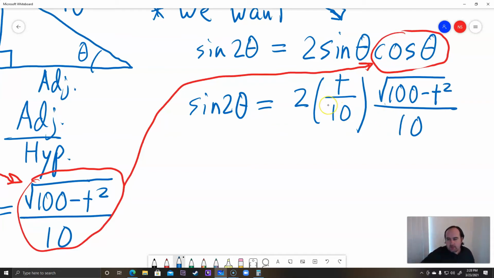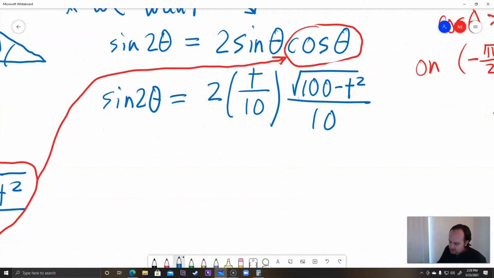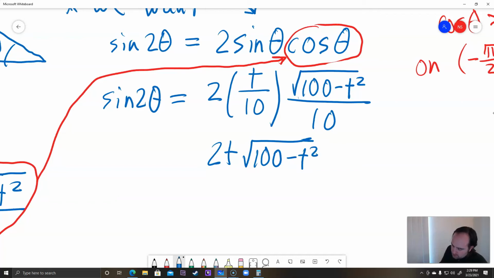Okay, and then remember when you're multiplying fractions, you multiply straight across. So we can simplify this sine of 2 theta. In the numerator we have 2t times the square root of 100 minus t squared, all over 10 times 10, which is 100. And then we can divide the top and the bottom by 2.